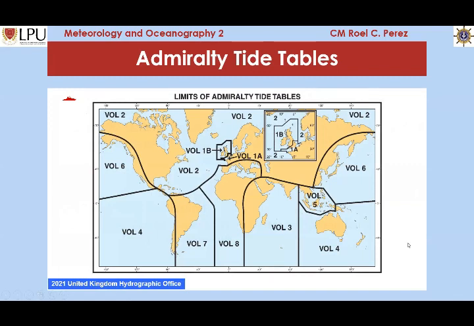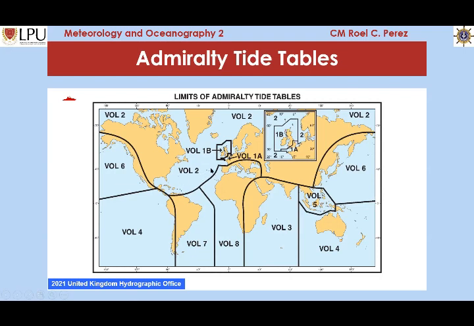Okay, so here are the limits of the Admiralty tide tables. Volume 1A is concentrated on the English Channel and Dover Strait. And volume 1B is concentrated on the United Kingdom, including Ireland.